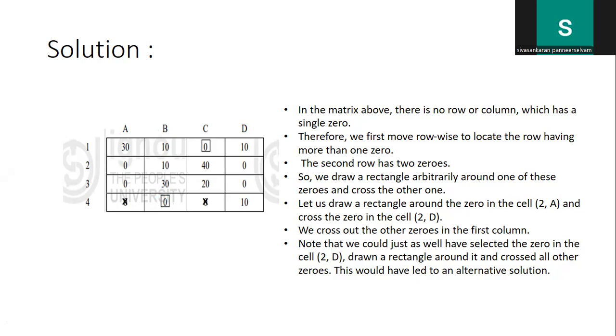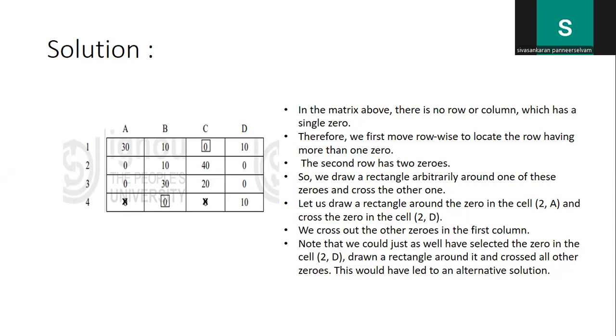Likewise, we have to select the second zero value. And see the fourth row, the corresponding row. Delete the zero which is present in the cell 4, A by making a cross sign.